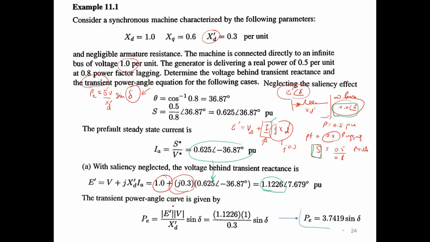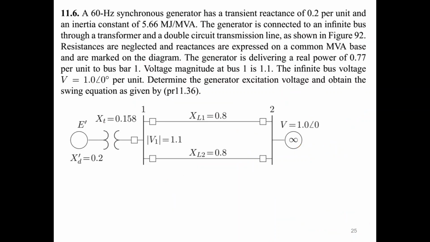This is the transient power angle equation. This is an example of how to find the electrical power PE in terms of the rotor angle.